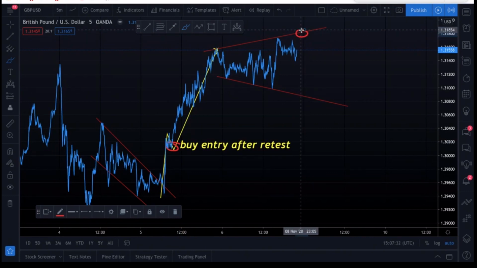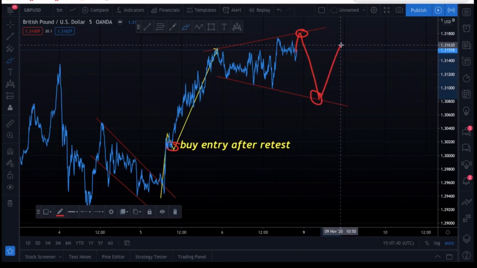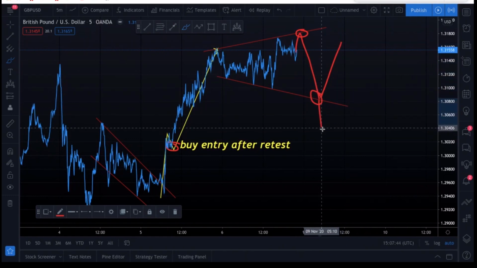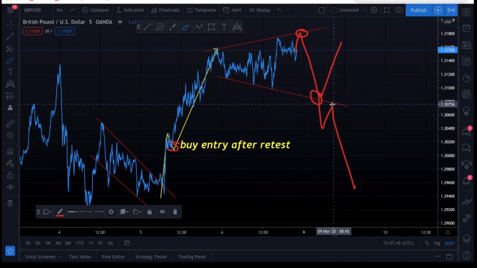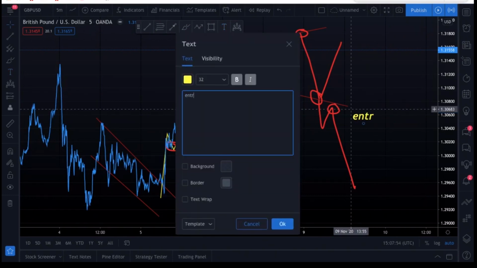So the price can get rejected at this point and fall down at that point at support. Then it can go up. Or it can break out, retest, and fall further down. Now that area will have our entry for short.